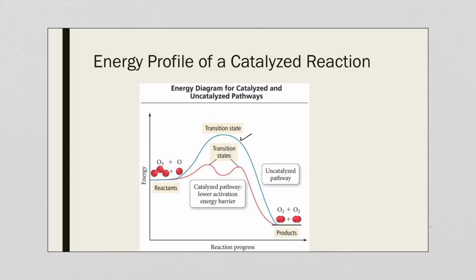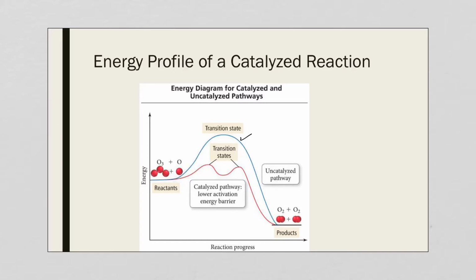Now, if we look at the catalyzed pathway with chlorine, we see that there are two steps and each having lower activation energies than the uncatalyzed, and even put together, they have a lower activation energy. So what we get is a lower activation barrier, which is of course going to lead to more molecules having enough energy to get over the barrier, therefore more productive collisions, therefore faster reaction rate.